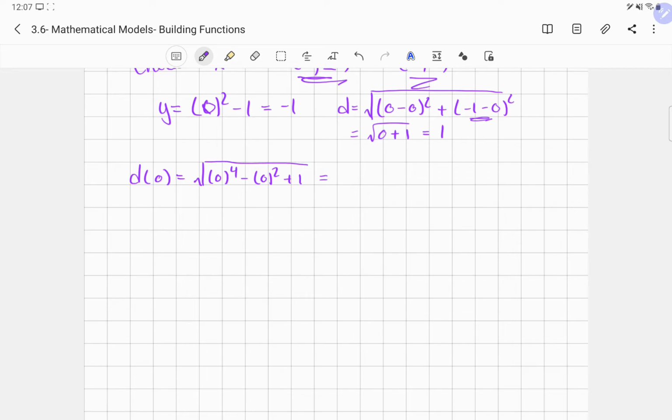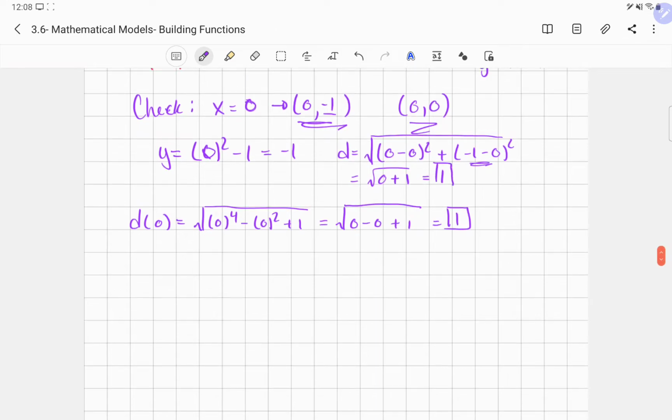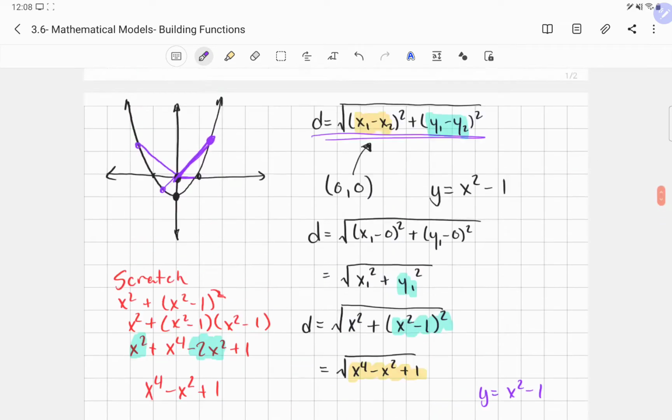So we have the square root of 0 minus 0 plus 1, which is the square root of 1, which is 1. So our function did work out here. Notice that we were able to plug it into the distance formula, and we were able to find it using our function. So this is our mathematical model.